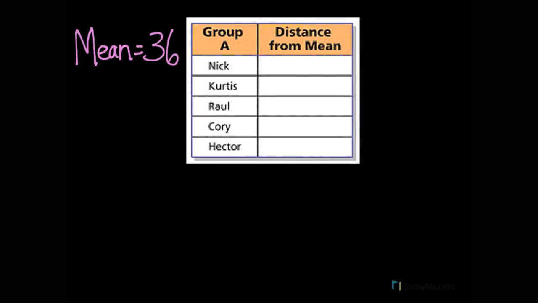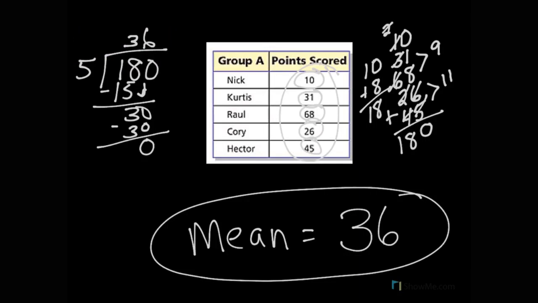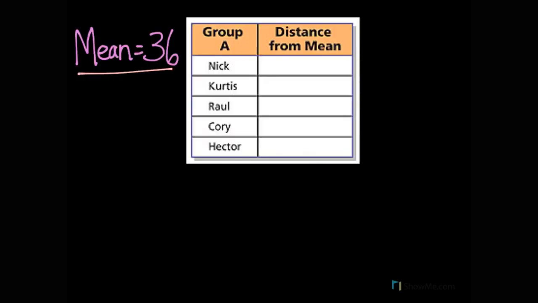Now that I have found the mean of 36, I'm going to find the distance for each data value from the mean. So to do that, I'm going to go back to my table, and I see Nick scored 10. If my mean is 36, I'm going to subtract Nick's score of 10 to find my distance from the mean.